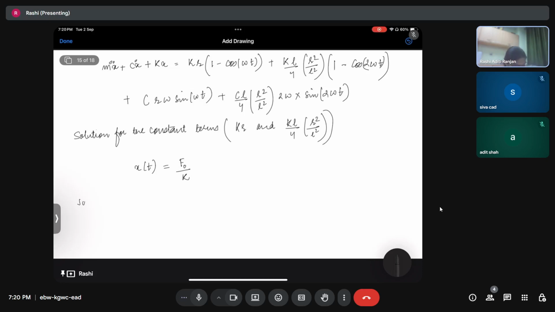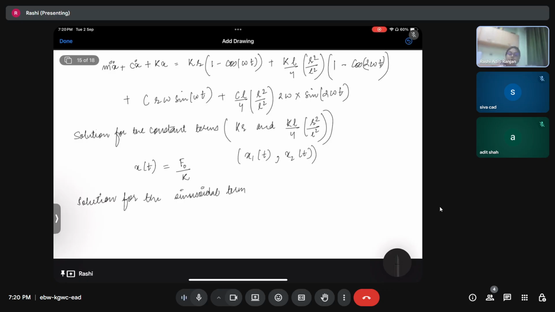Now when we have to find out the solution for the cosine and sine terms, here we are going to get two solutions, x1 of t and x2 of t.